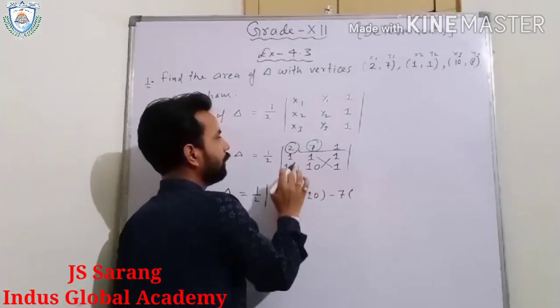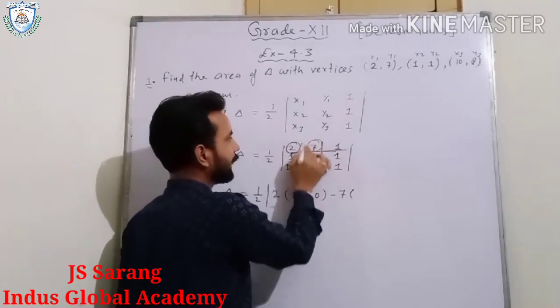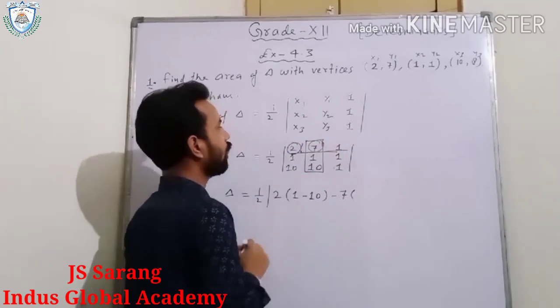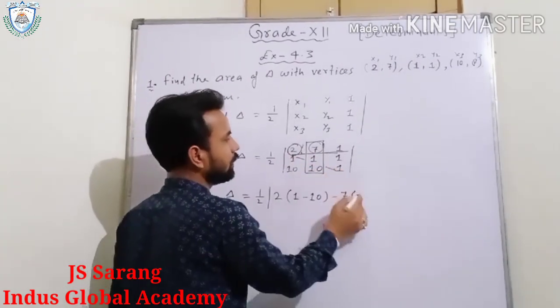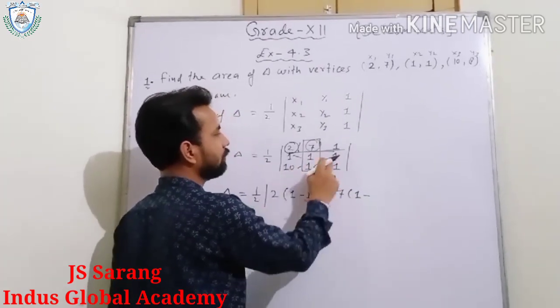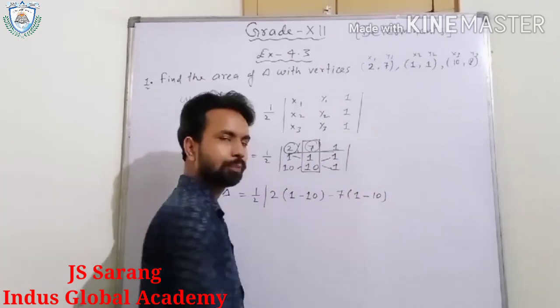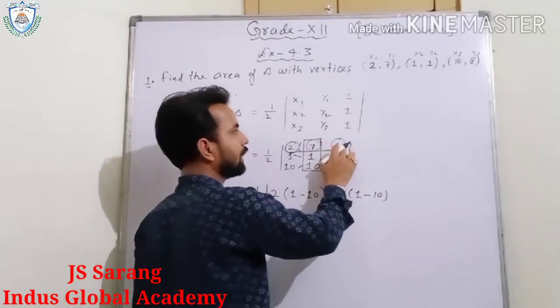Now we hide the first row and second column. Multiply: 1 ones are 1, minus 10 ones are 10. Now we note the third element of the first row, that is 1.